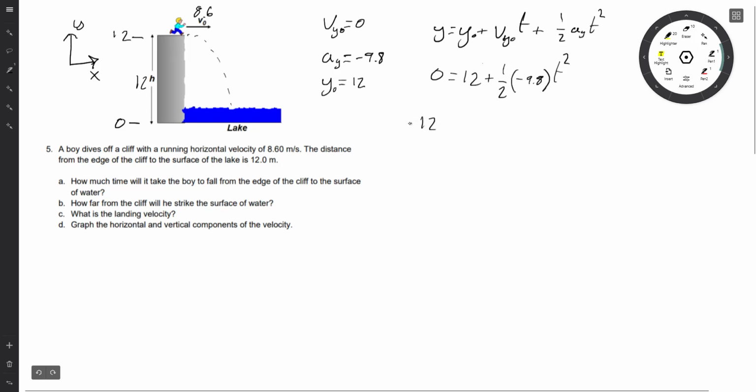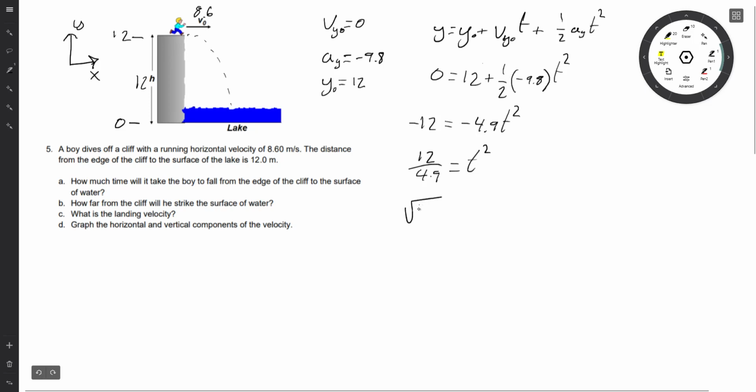So now all we do is rearrange this, so that's going to be negative 12 equals negative 4.9 t squared, and divide both sides by 4.9, and we end up with 12 over 4.9 equals t squared.